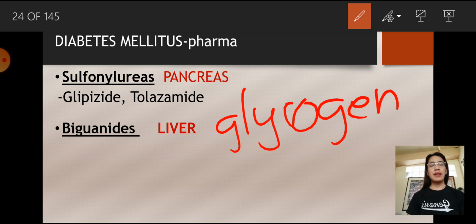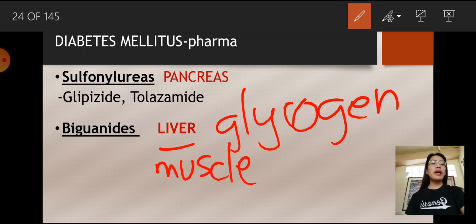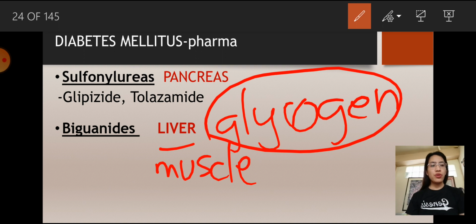Now, minsan, yung sobrang glucose na hindi mo naman kailangan, itatago yan. Kumbaga, nag-iipon ka para meron kang reserba. Itatago yan saan? In your liver, and pwede rin siyang maitago sa ating muscle. So, kapag nakatago na yung asukal, ang tawag na sa kanya ay glycogen. That in the future, for example, nagutom ka or nawalan ka ng glucose, yung glycogen mo, magiging glucose uli. So, magiging asukal mo uli siya.